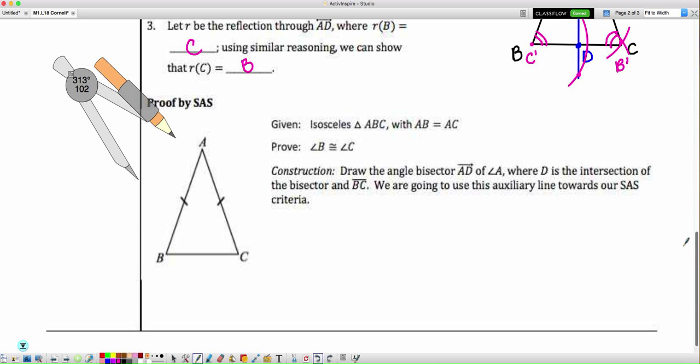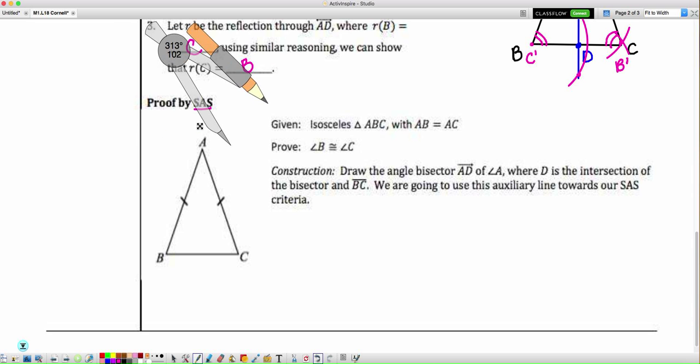So next, I'm going to write a proof, just a regular proof. So using my SAS, so the new stuff we learned last class. So it says, given an isosceles triangle ABC with AB equal to AC, that's already labeled. Again, I'm going to try to prove those base angles are equal. It says to draw the bisector AD, so similar to what we did up here.